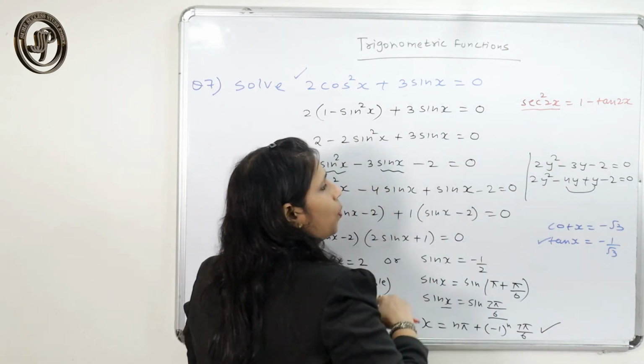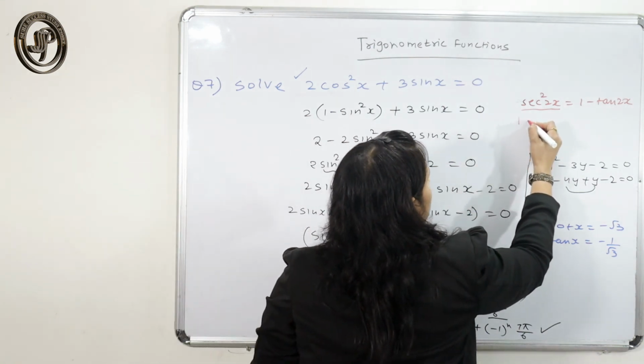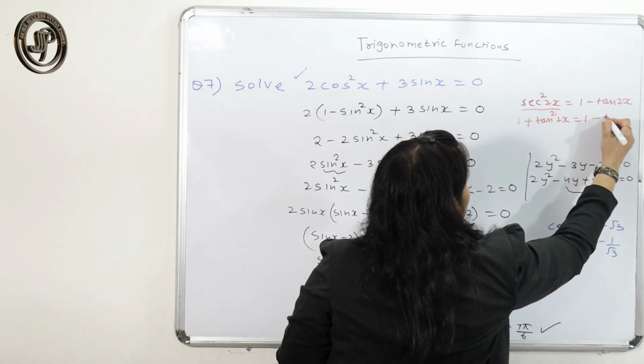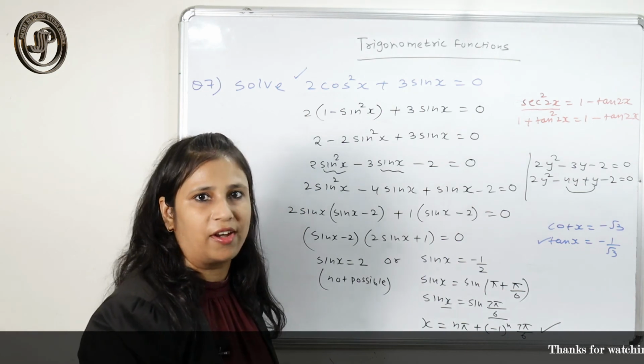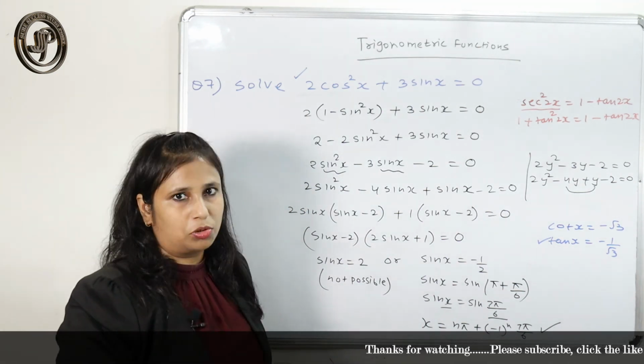So we know that 1 plus tan square theta is equal to sec square theta. So here you can write this as this, and now you can solve for the value of tan 2x and then apply tan theta is equal to tan alpha.